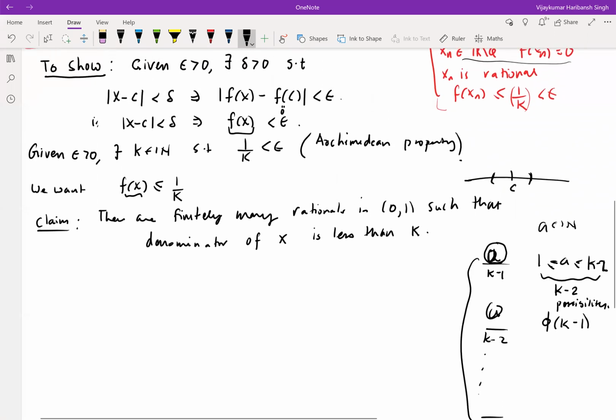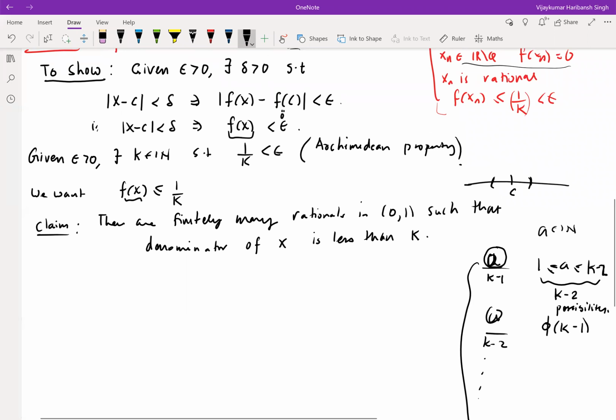So the claim is that there are finitely many rationals x in (0, 1) such that the denominator of x is less than k.